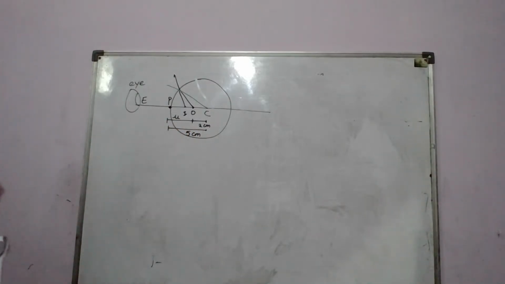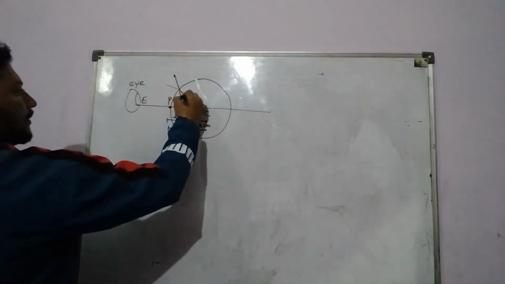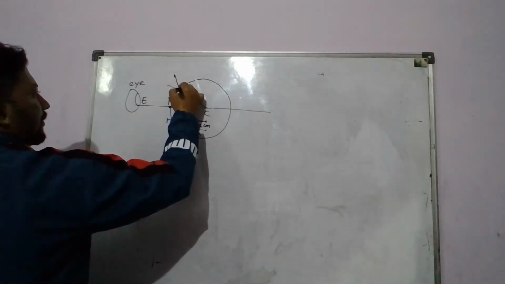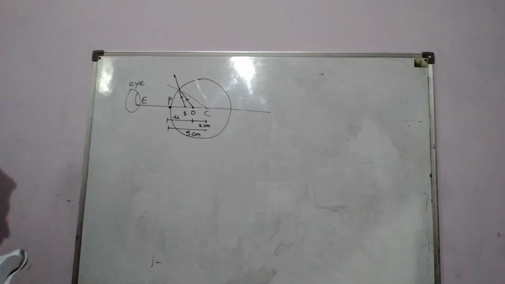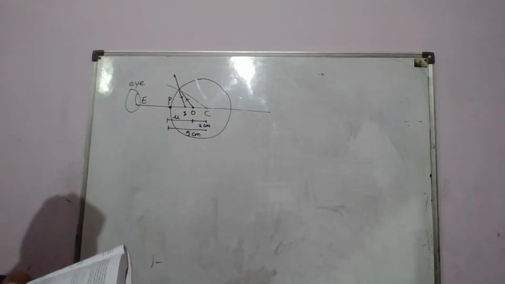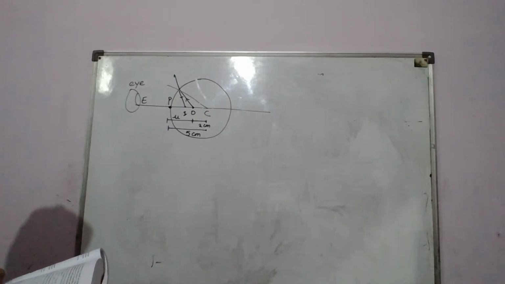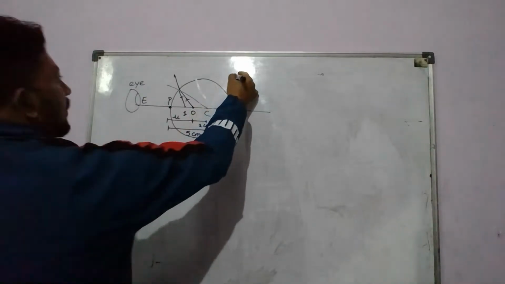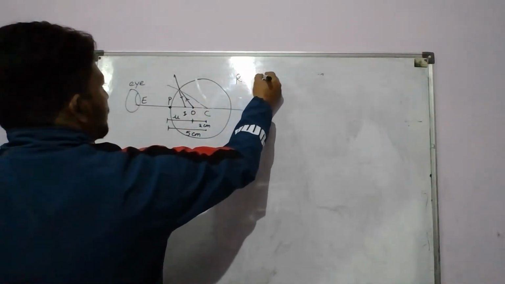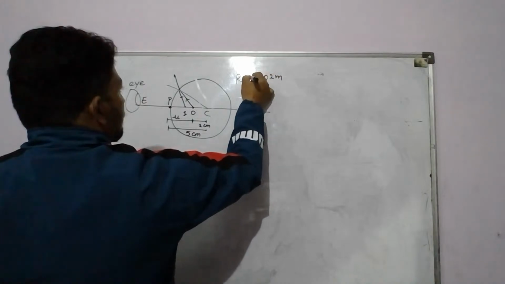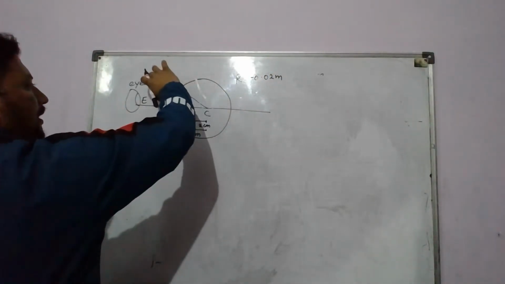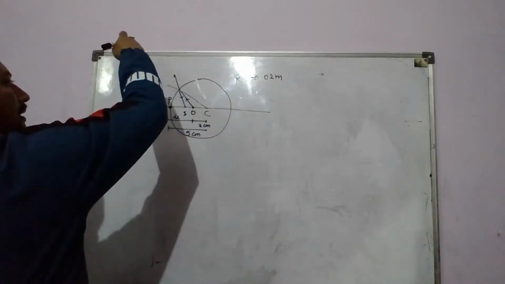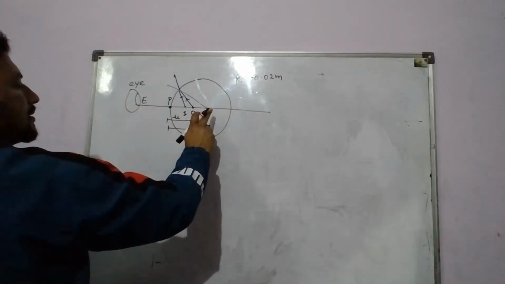Again, repeat the question. A small air bubble within a glass sphere of radius 0.02 meter. R is equal to minus 0.02 meter, negative because the object lies in a denser medium, so it is in the opposite direction. The incident ray is traveling in this direction, and we calculate the distance in the opposite direction.